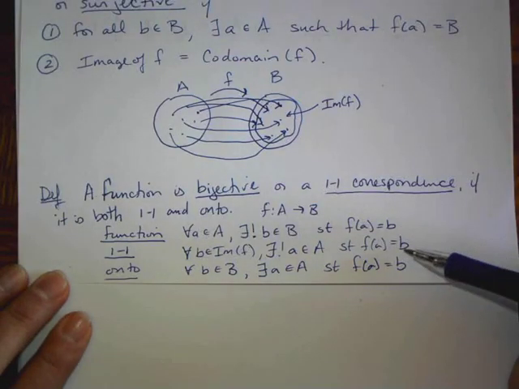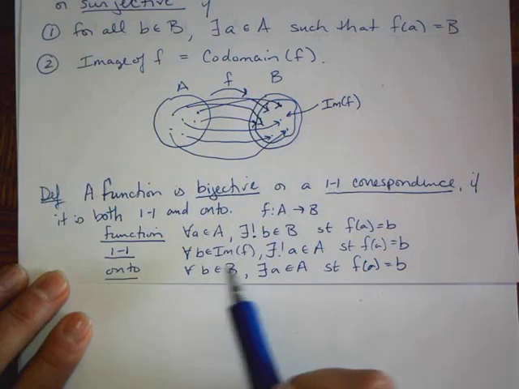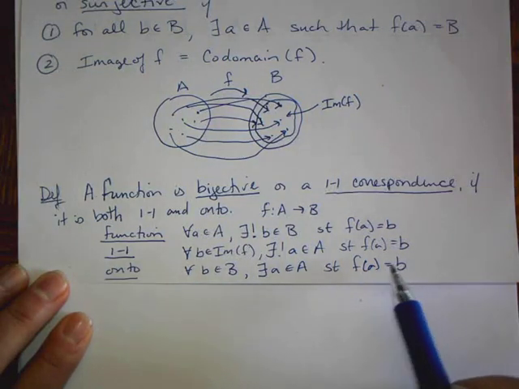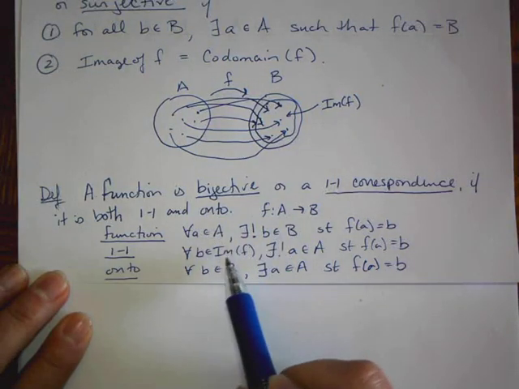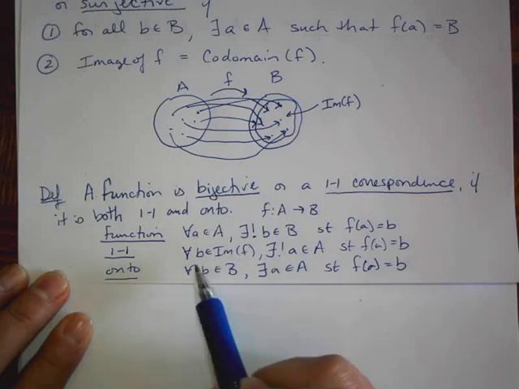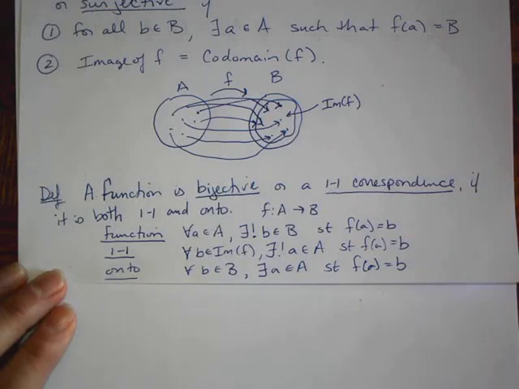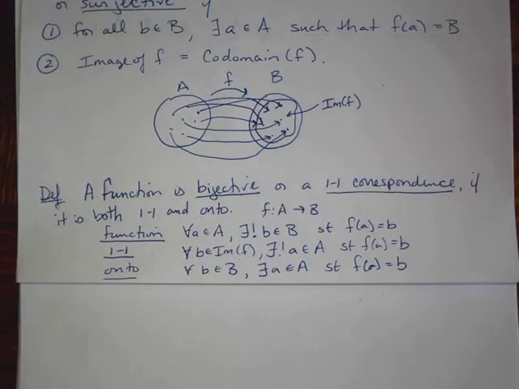So function is a forward condition and one-to-one and onto are both backwards conditions. These two, function and one-to-one, are very, very similar. The whole structure is set up the same, except that I've reversed the A and the B.